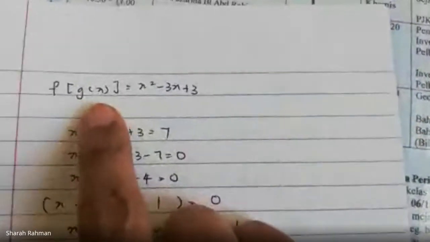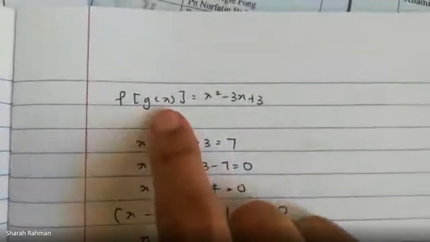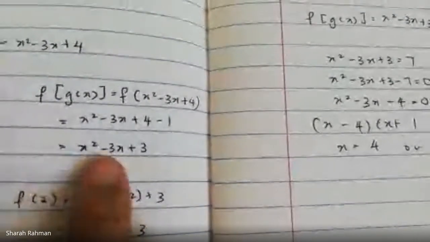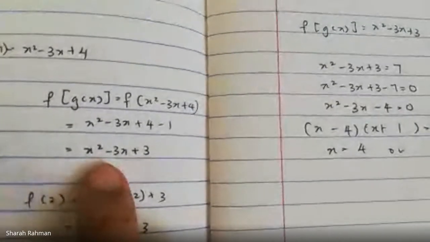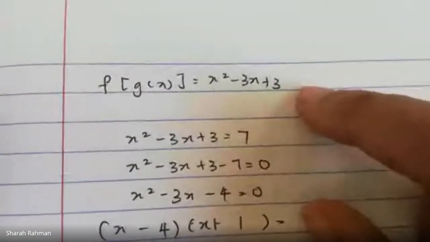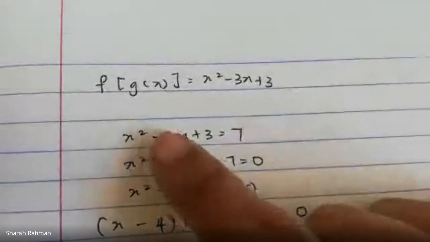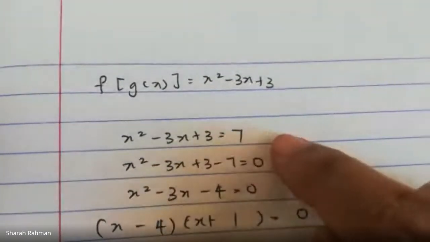Here we have fg(x) equals x squared minus 3x plus 3. This is what we found earlier. The first thing we find is fg(x): x squared minus 3x plus 3. So this we already have. And also given fg(x) equals 7. So we do the comparison between this one and this one: x squared minus 3x plus 3 equals 7.